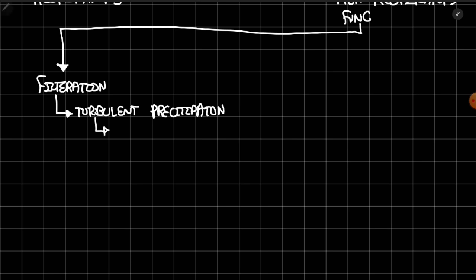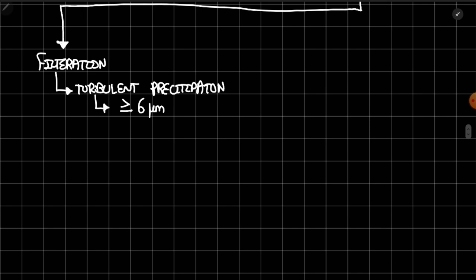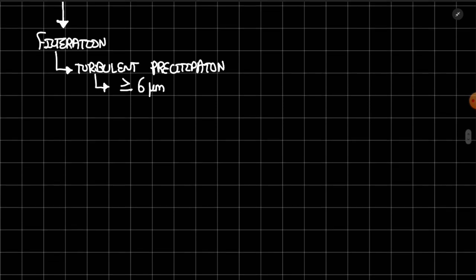The size for turbulent precipitation should be more than 6 micrometer. If the size is more than 6 micrometer, the hair follicles will trap the pathogenic bacteria or the dust particles.